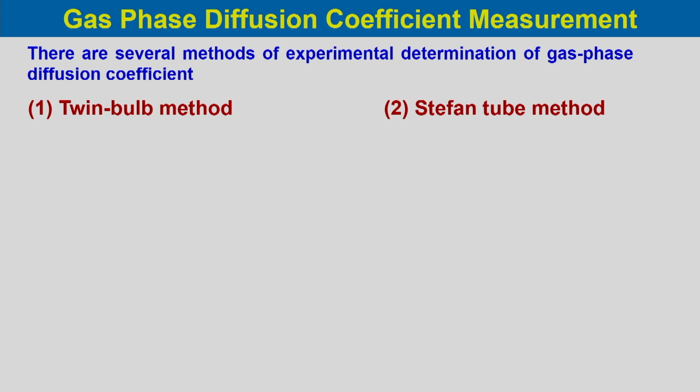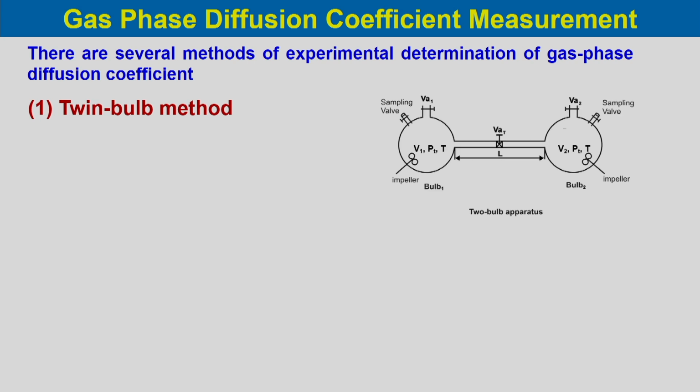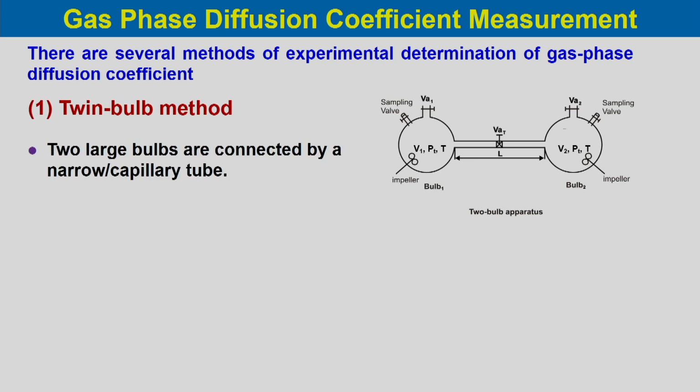Let us consider the twin bulb method. Basically, we have two bulbs which are connected by a narrow or capillary tube. You can see the capillary tube over here, connected with the two bulbs.